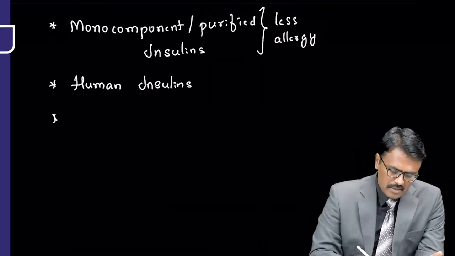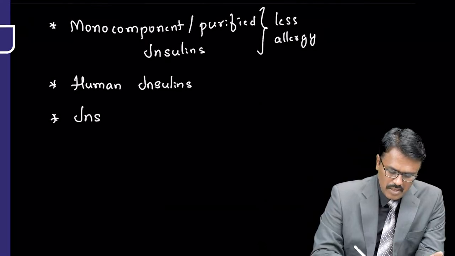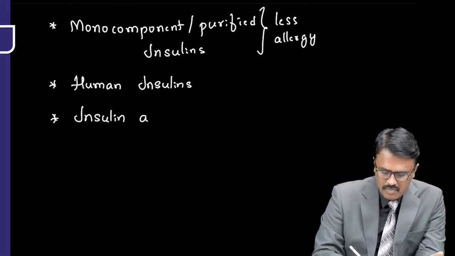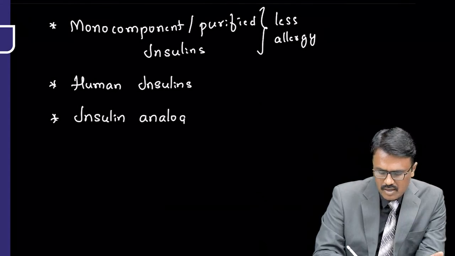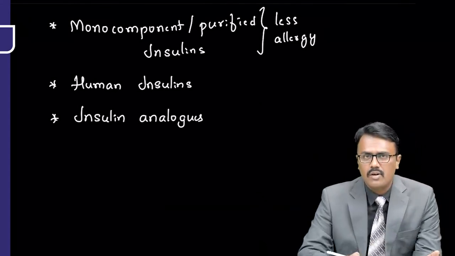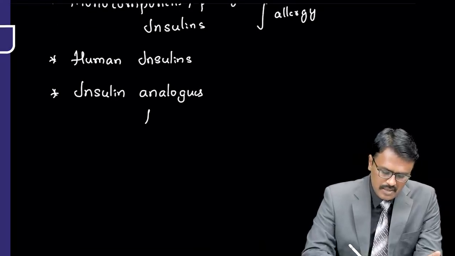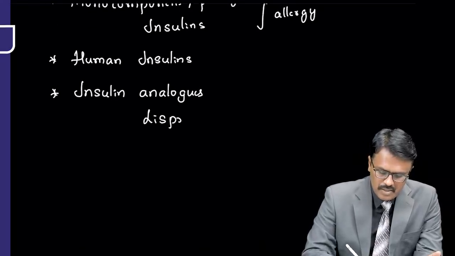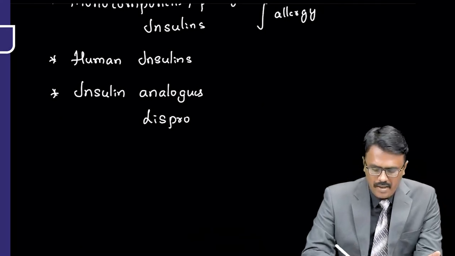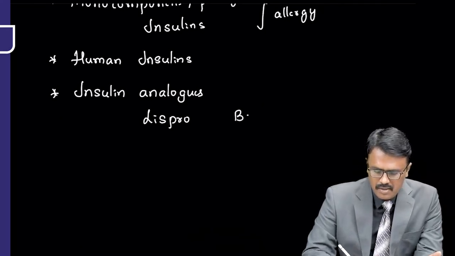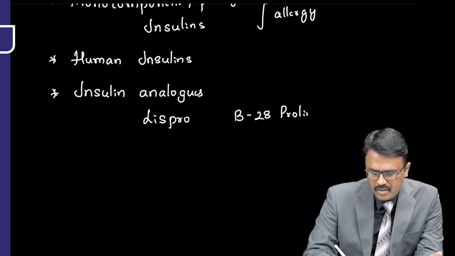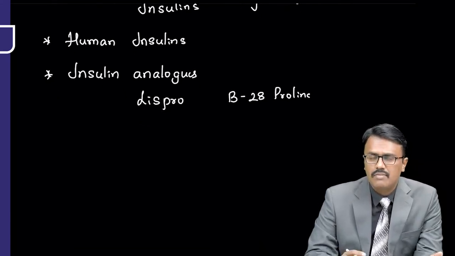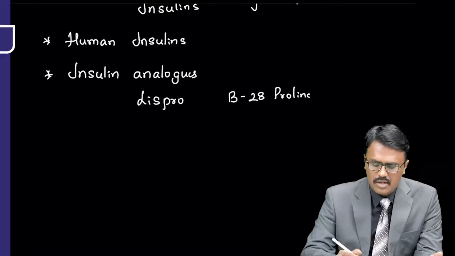Again, what we did is we came with something called insulin analogs. Similar to human insulin, we have the analogs. They are called human insulin analogs. Example is Lispro. I am talking about the chain of the amino acids present in insulin.